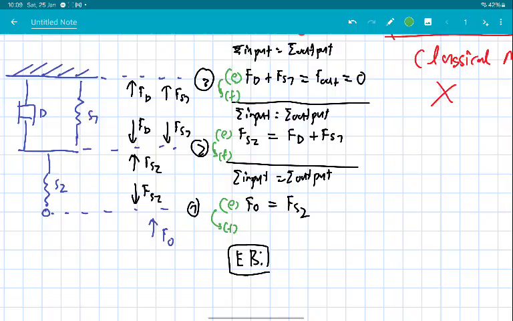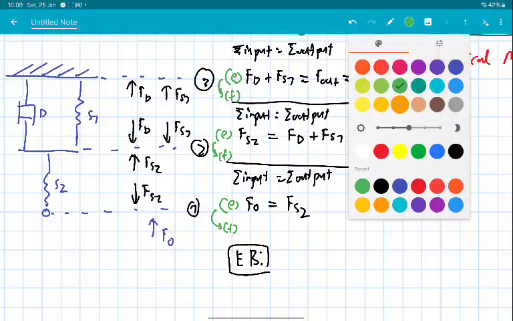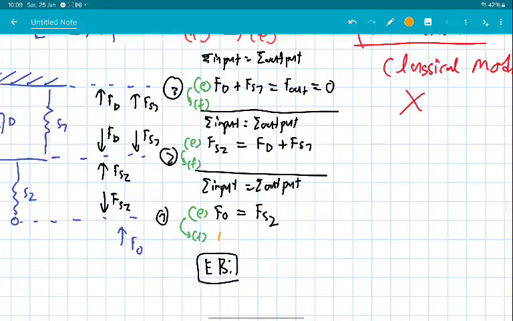But here, we're going to take the flow variable instead of the effort variable. So we take I0 is equal to, and we have a spring, and the spring equivalent in electrical system is an inductor, because a mass would be a capacitor.